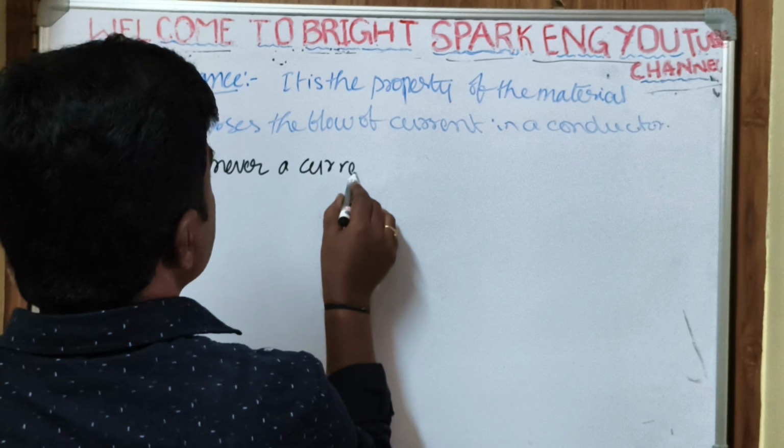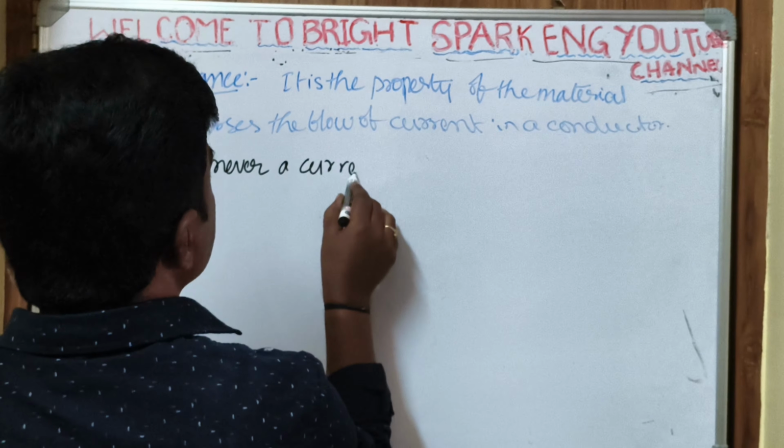Or whenever resistance increases, then for the same voltage, current decreases, because R is inversely proportional to current, that is, 1 by I. When R increases, current decreases.